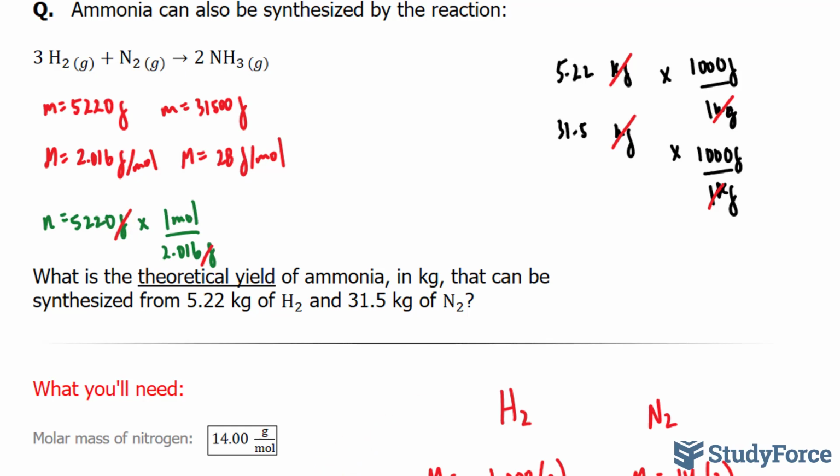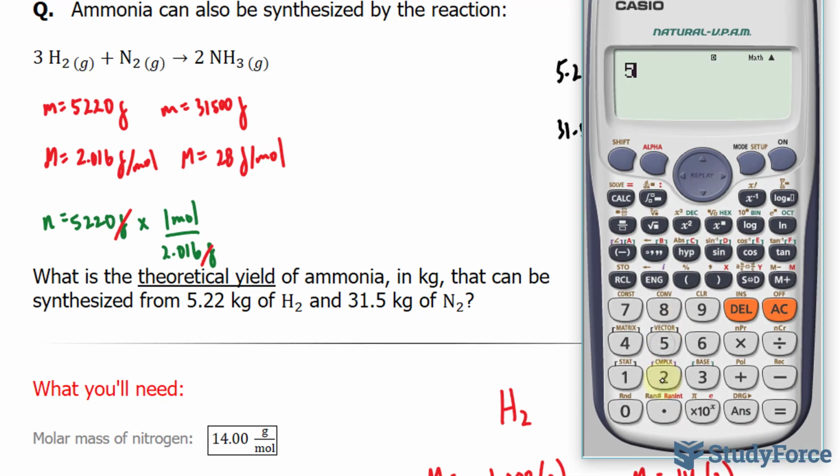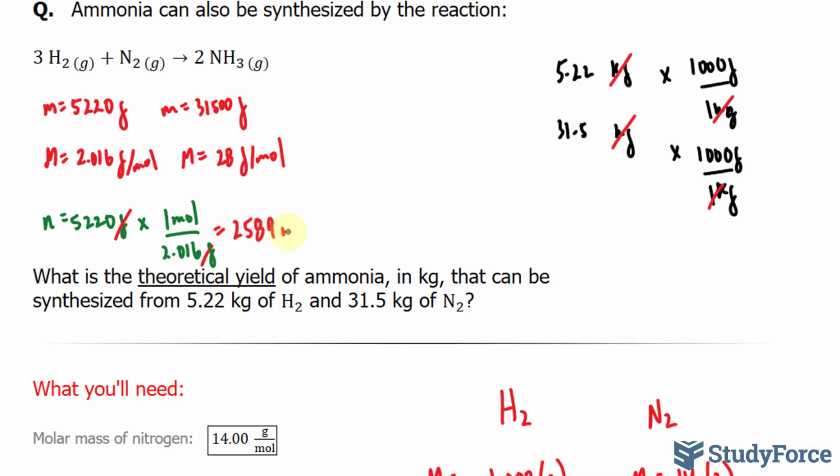By calculating this, we should end up with the number of moles: 5,220 times 1 divided by 2.016, and this gives us 2,589 moles. Let's do the same thing for nitrogen gas. I'll denote it with the letter n.